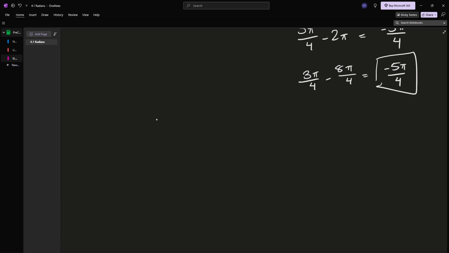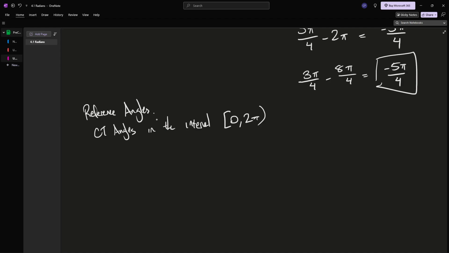There's actually two types of reference angles. The one we'll focus on in this class for now is reference angles, which are just the corresponding coterminal angles in the interval 0 to 2 pi, including 0 and excluding 2 pi.